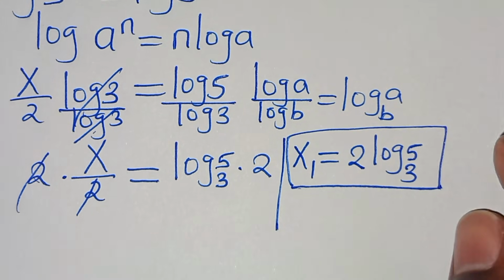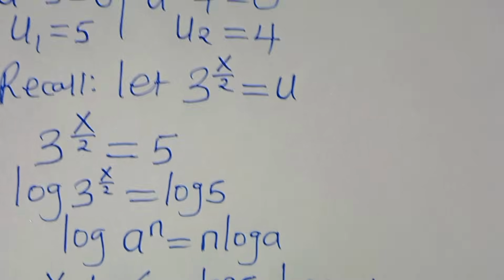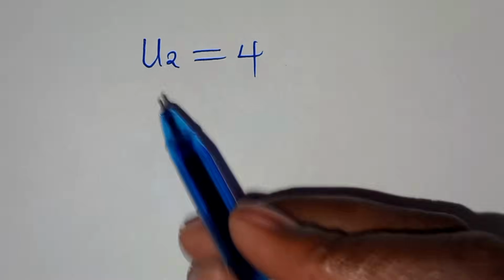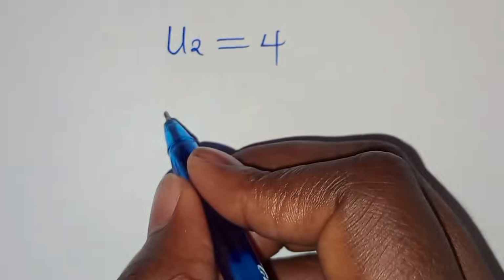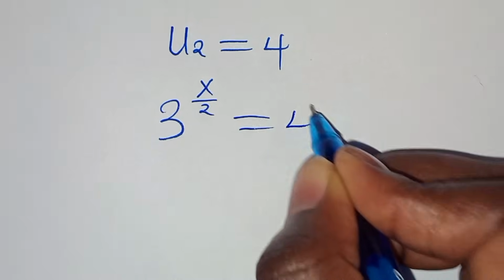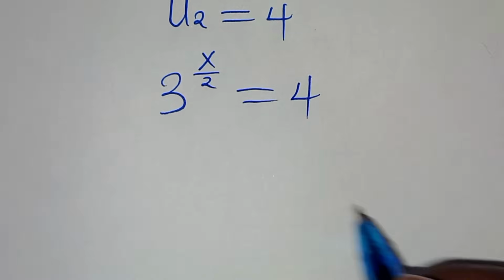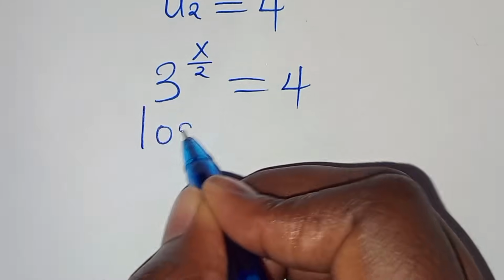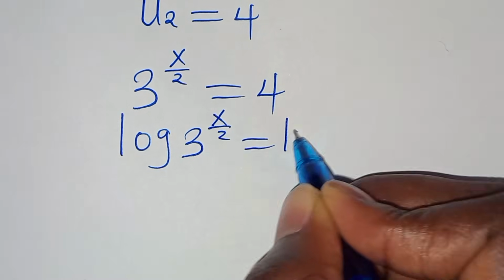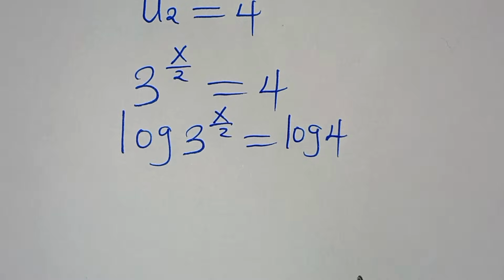So let's solve for x2, given that u2 is equal to 4. We have that u2 is equal to 4, and if you recall, we have 3 to the power of x over 2 equal to 4. So let's introduce logarithm on both sides. We have log 3 to the power of x over 2 equal to log 4.